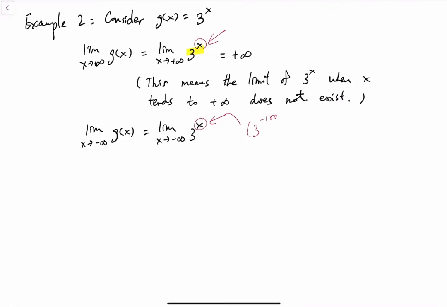So what's the value of this? It will become 1 over 3 to the power 100. And then it actually is very close to 0. So this situation is different from example 1: when x tends to negative infinity, 3 to the power x is equal to 0 this time.